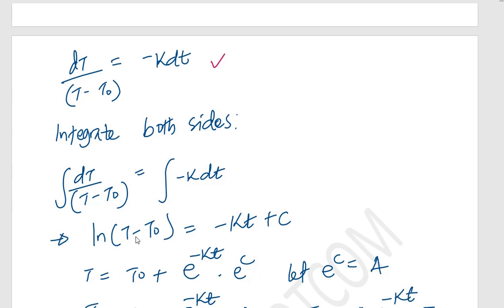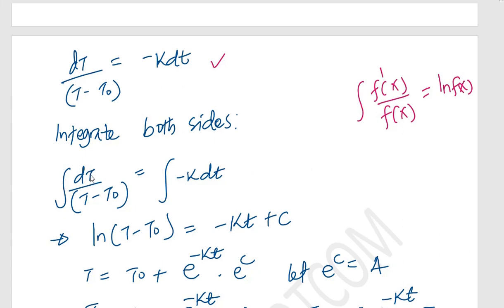So if we remember this kind of integration, if we are integrating f prime of x, which is the derivative of f of x, over f of x, then it is equal to ln f of x. So that's the principle that we are using here.